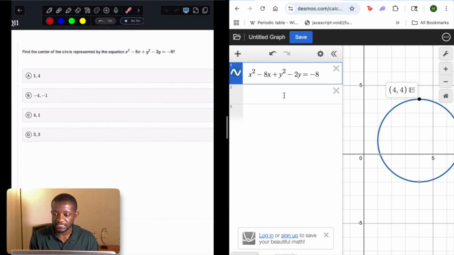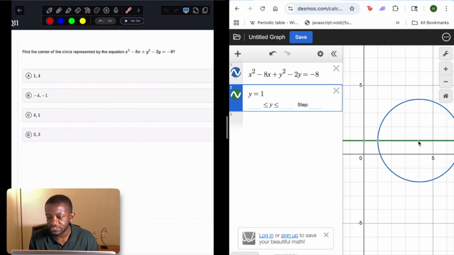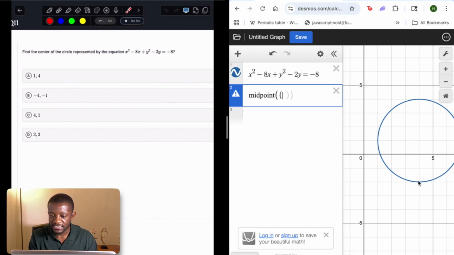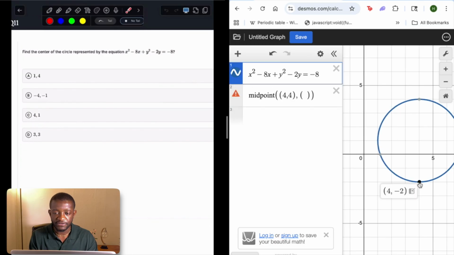So it may help to perhaps check if it's, say, y equals 1. Sometimes I like to do that just to make sure that it's the points that I'm talking about. If you have weird points, you can also use midpoint, and then you type the points that you have here. So you're going to do 4, 4, and 4, -2.